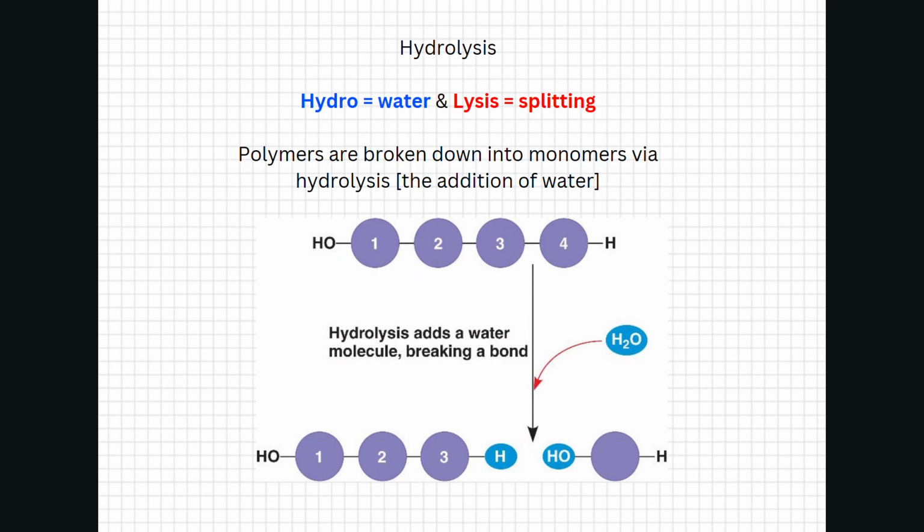This causes the covalent bond to break, and now monomer 4 is on its own, and we still have a polymer present to the left. If we wanted to break down that polymer into its respective monomers, water would be added between monomer 2 and monomer 3, and monomer 1 and monomer 2.